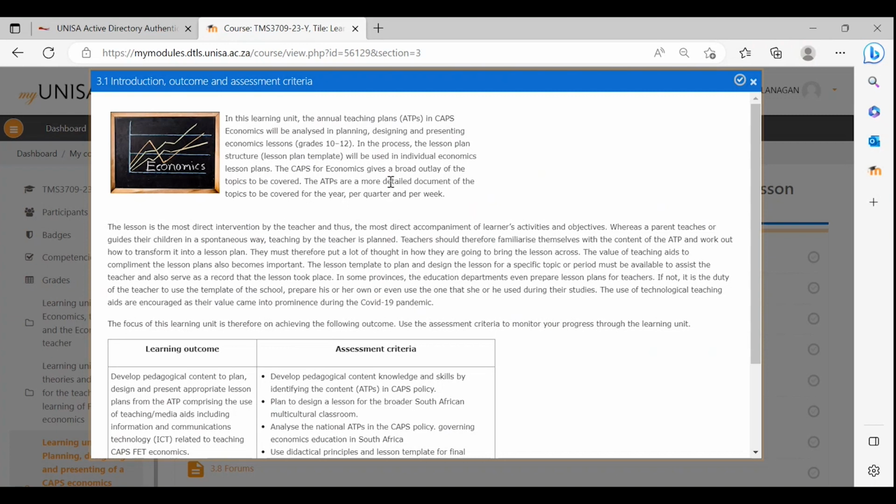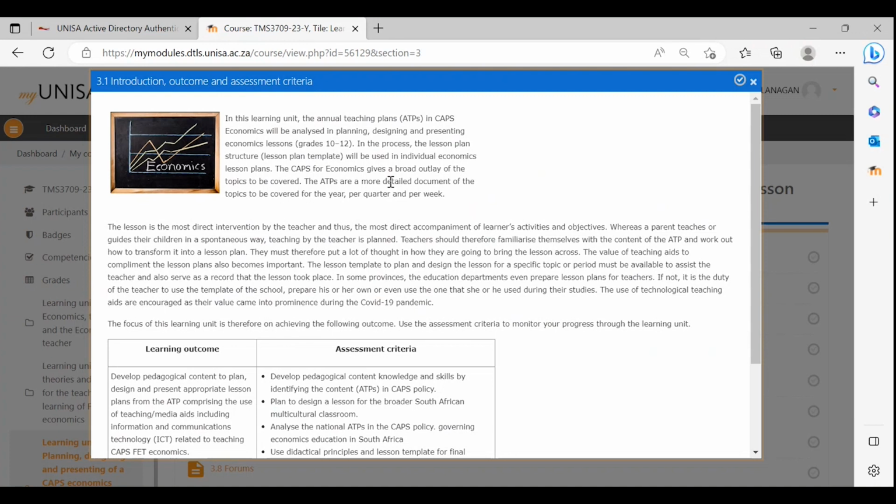So today I specifically want to talk about the ATP and also about the lesson. The lesson is growing out of the ATP. The lesson is the most direct intervention by the teacher, and thus the most direct accompaniment of the learner's activities and objectives.